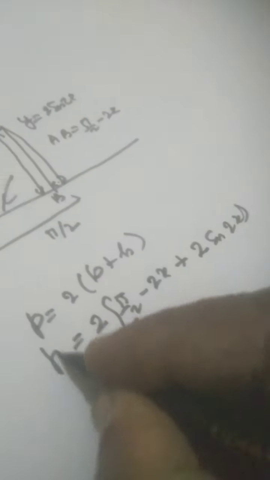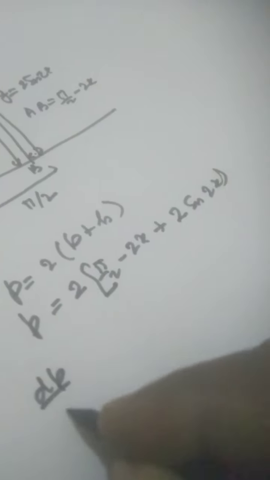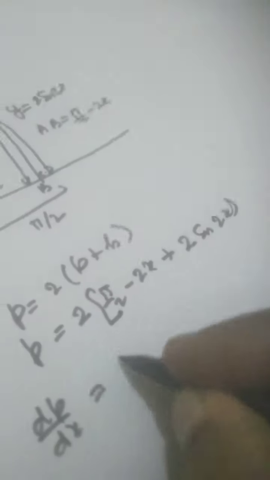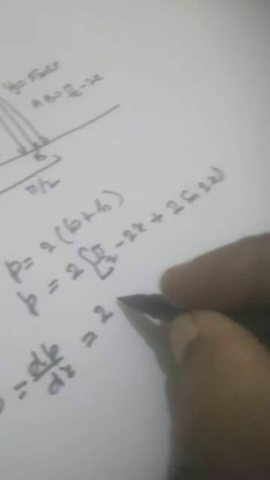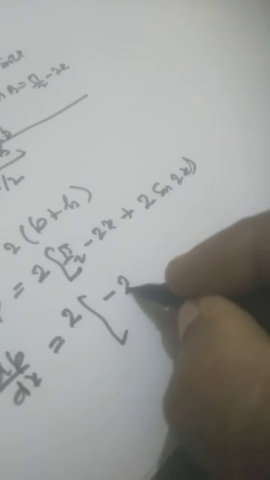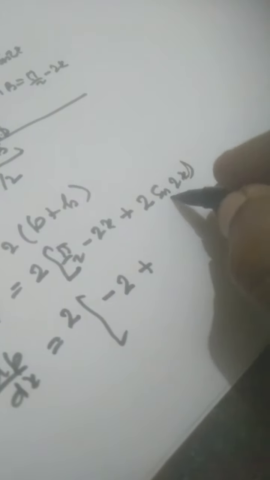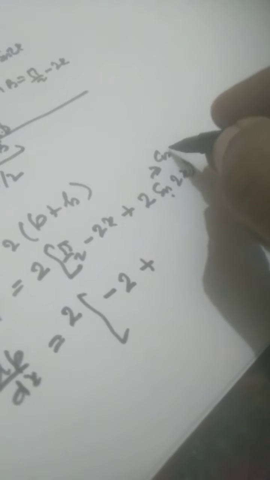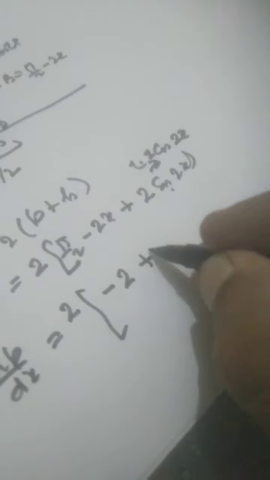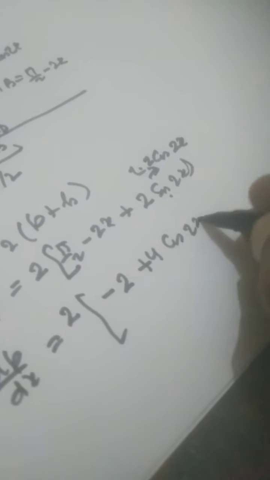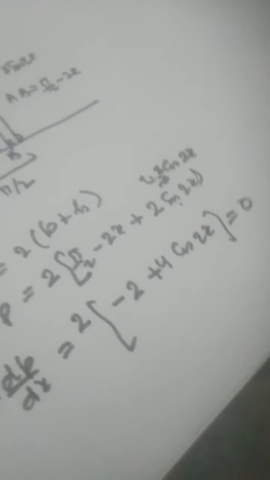This is the perimeter P and we have to differentiate it with respect to x and put it equal to 0, the condition for maximum. It gives -2 plus 2 into 2 cos 2x, that is 4 cos 2x, put equal to 0.